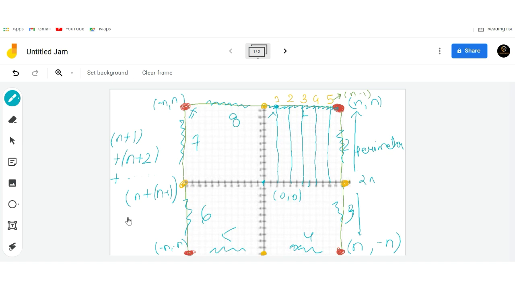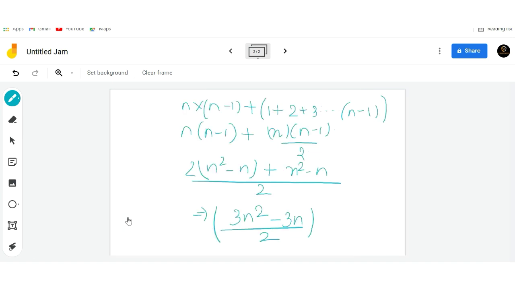So we will multiply this by 8. So this is the value we will get after this. So it is nothing but 12n square minus 12n. It is the sum of the edges that we are getting.